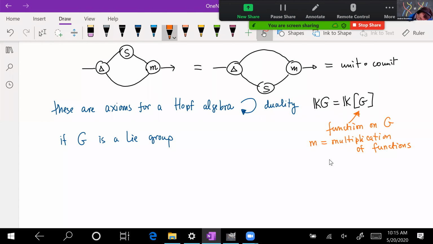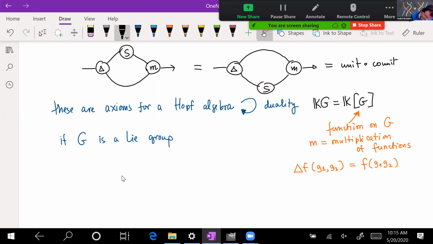And if I want a coproduct, if I take a coproduct of a function, this now becomes a function of 2 variables. So if I want to evaluate it on a pair of elements, well, what choice do I have? I just evaluate it on the product. And you can check this as an exercise. This is exactly the dual.